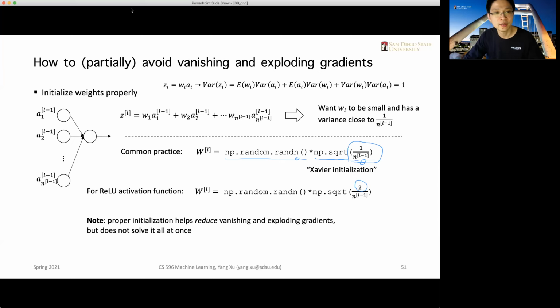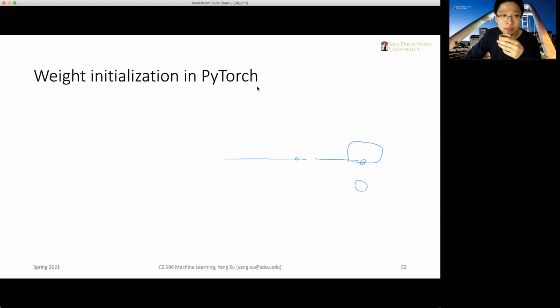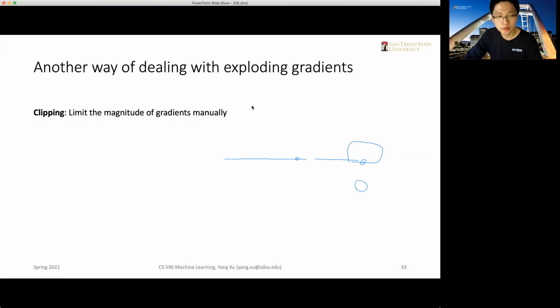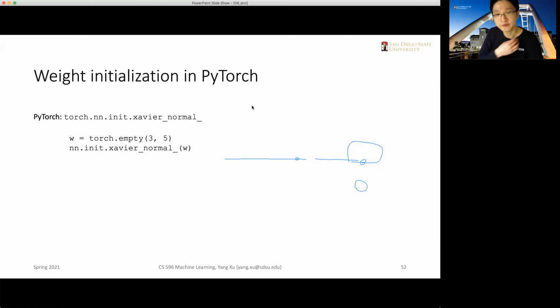So we need something more dynamic, which we'll see in the next slide. In PyTorch, the Xavier normalization and other ways of normalization are already encapsulated. You can directly call these functions very conveniently.